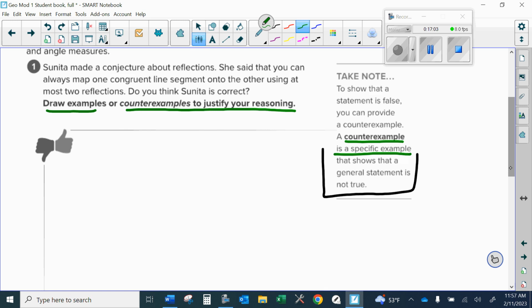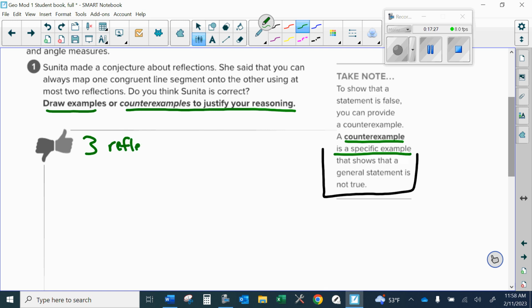Okay, she said that you can always map one congruent line segment onto the other using at most 2 reflections. So this is not correct because there's a three reflections.